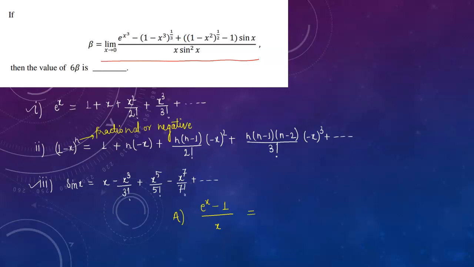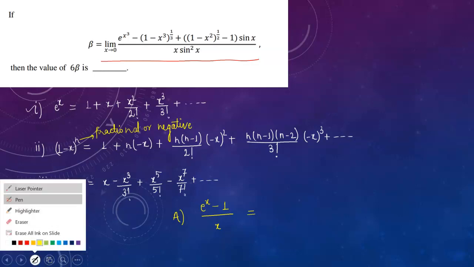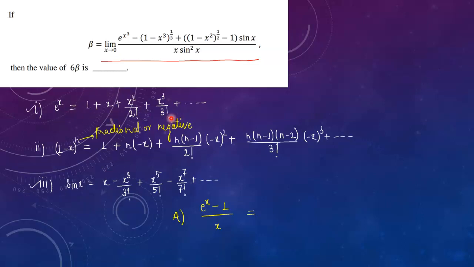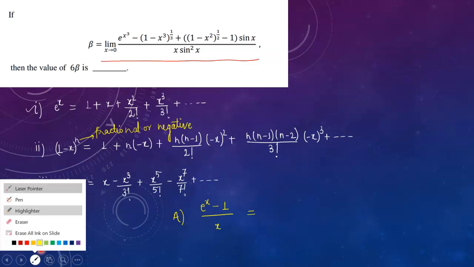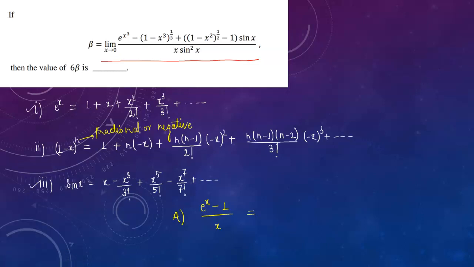If we use this expansion here, x square by 2 factorial and so on, minus 1 upon x, the 1 and 1 will be cancelled, and x will become common from the numerator and be cancelled from the denominator.